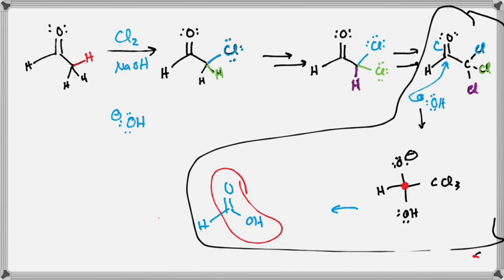And where's the easiest place to get electrons back from? Which oxygen? The charged oxygen. Why the charged oxygen? Because it's charged. So those electrons come back down. When they come back down, we exceed the octet, so what has to happen?